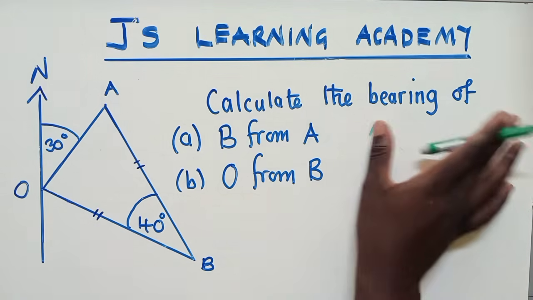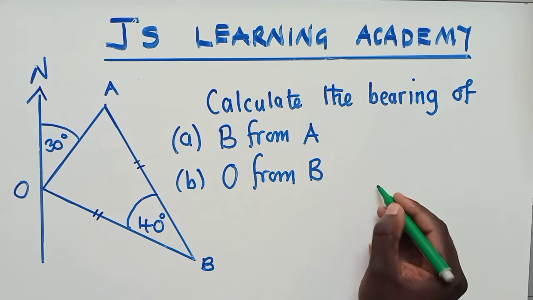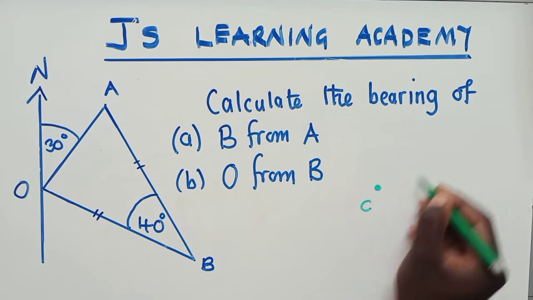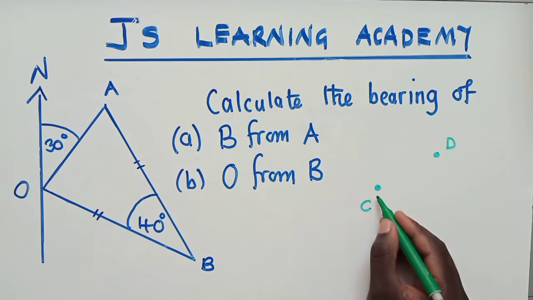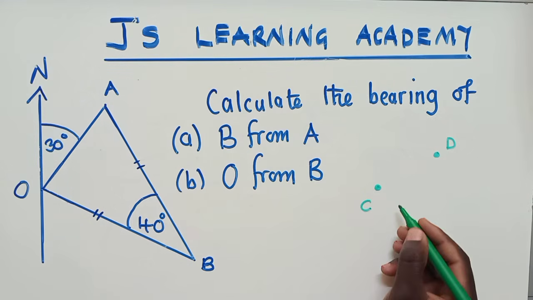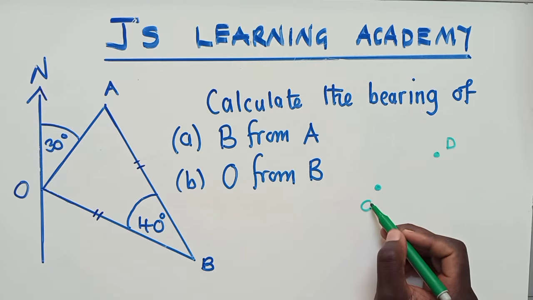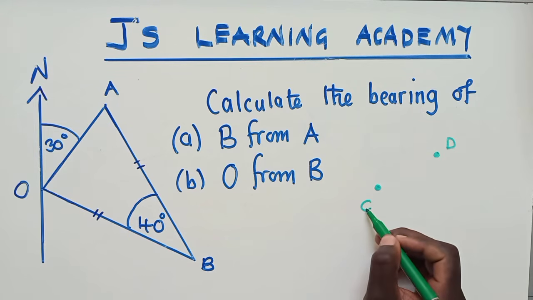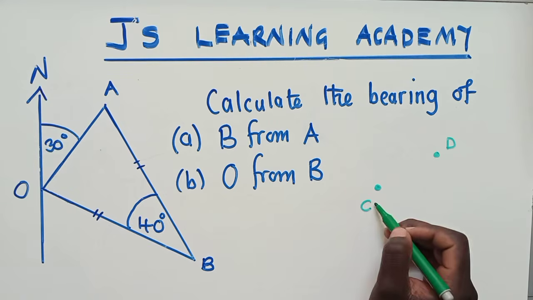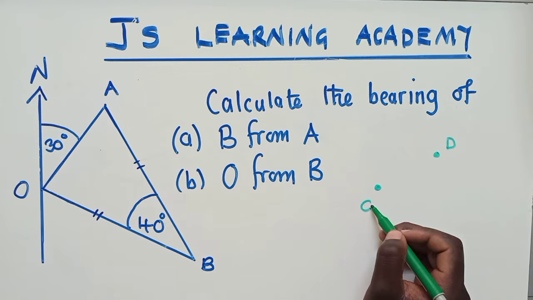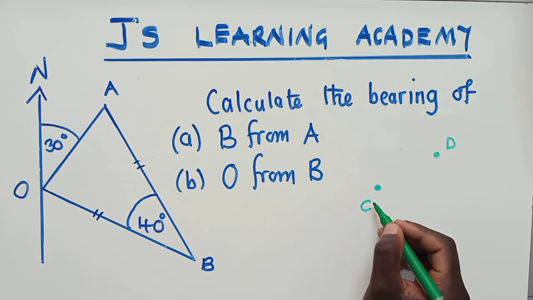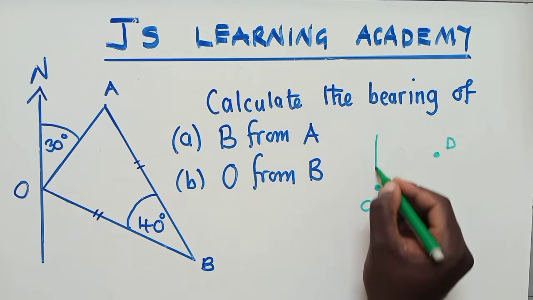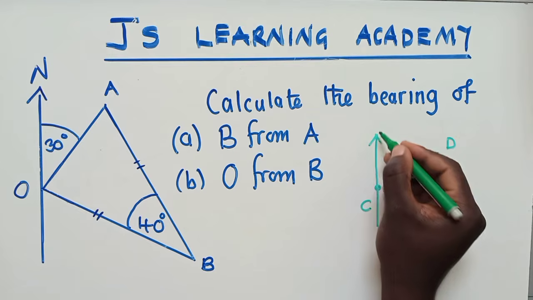And when you've got 2 points, let's say you've got here point C and point D here. For you to find the bearing, if they say find the bearing of D from C, you go to where C is, because they have said from C. You go to where C is and make your north line.